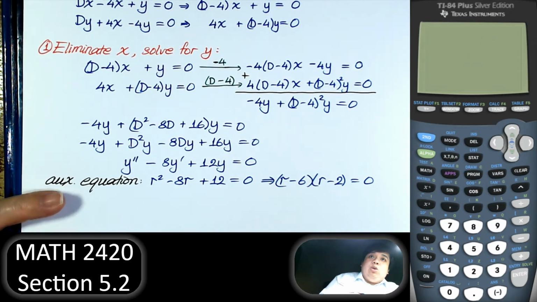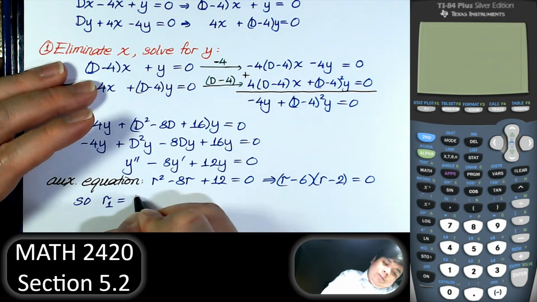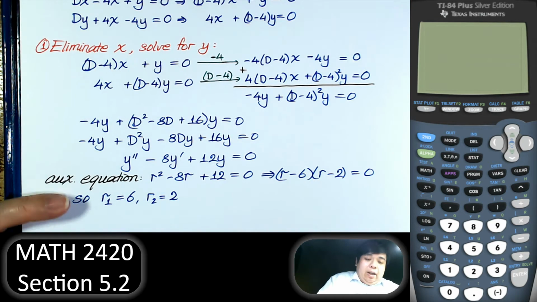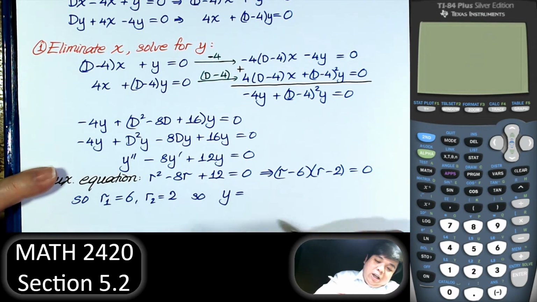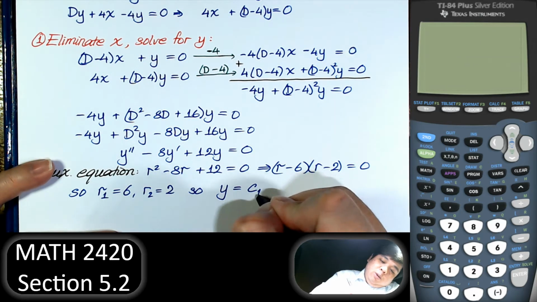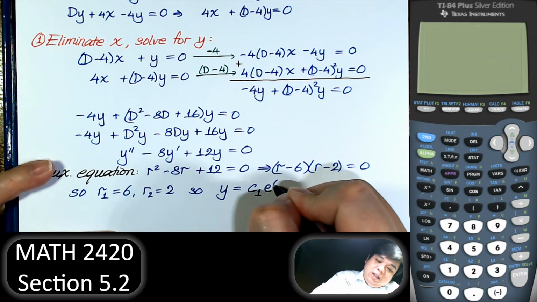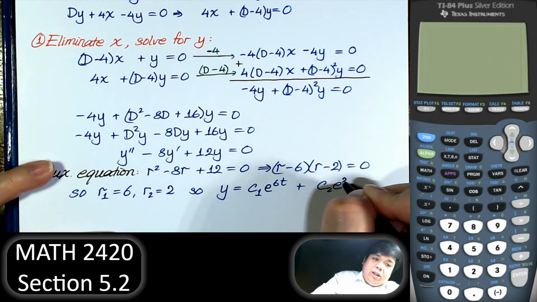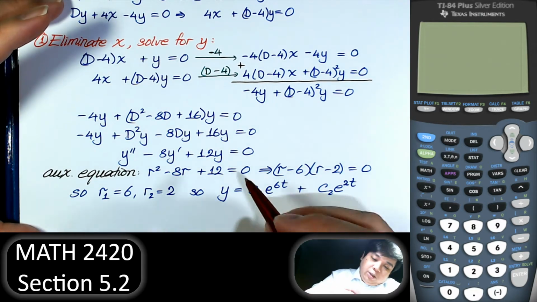So we have r equal to 6 and r equal to 2. And of course, y equal to c1 e to the 6t plus c2 e to the 2t. Right. So we have that.